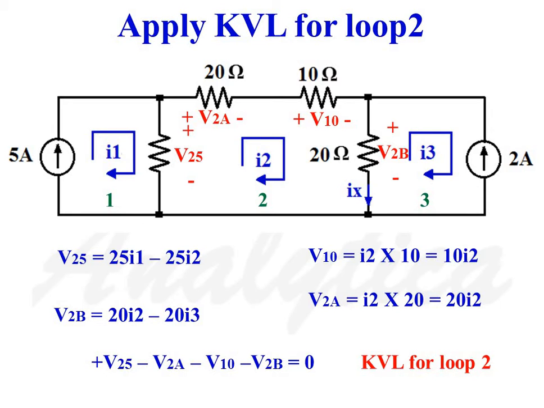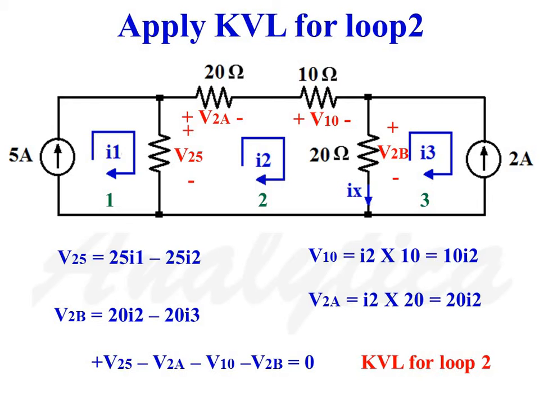Similarly, V10 as well as V2B must also be considered as negative as we move from positive potential to negative potential in the clockwise direction.